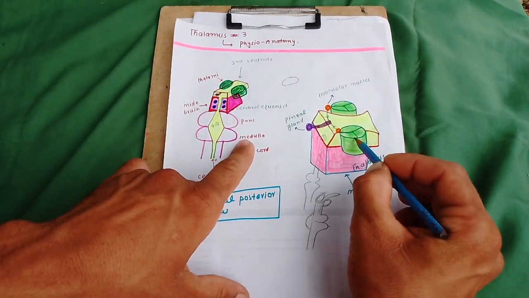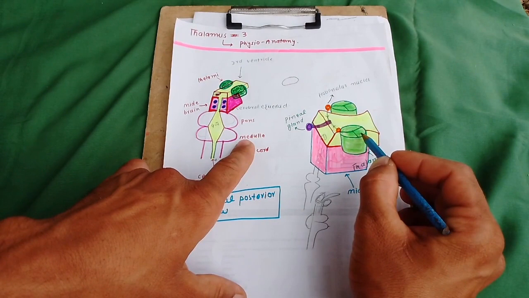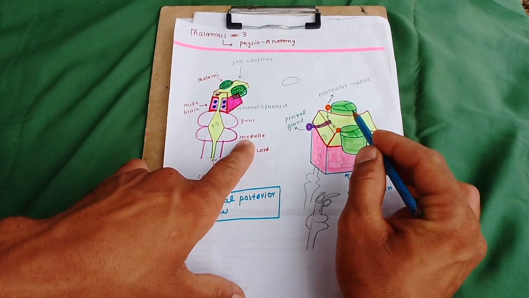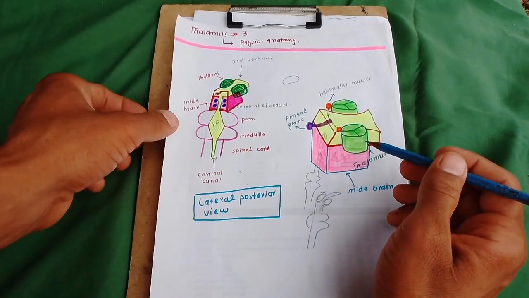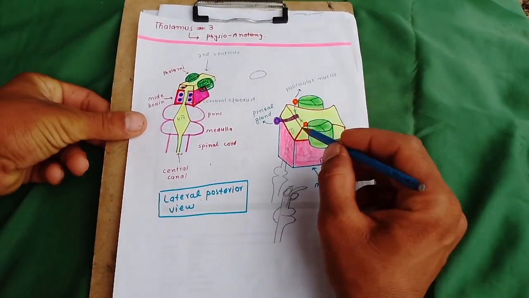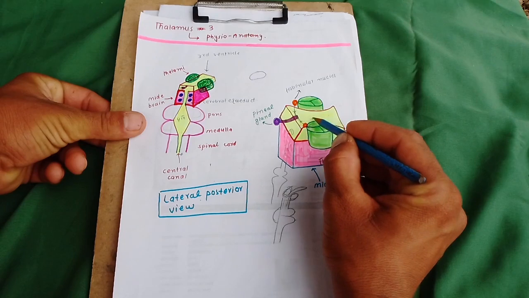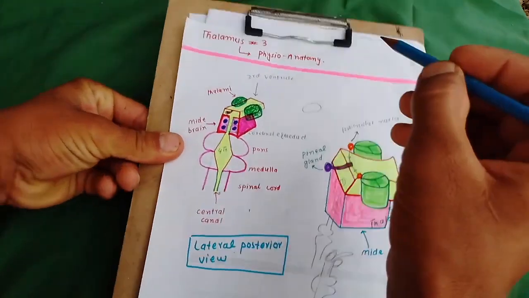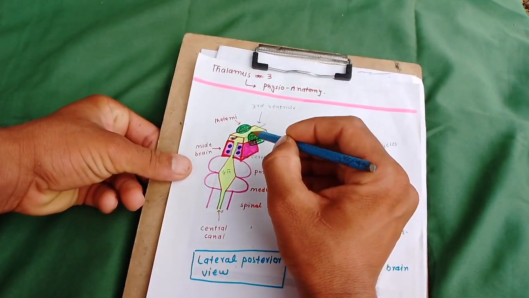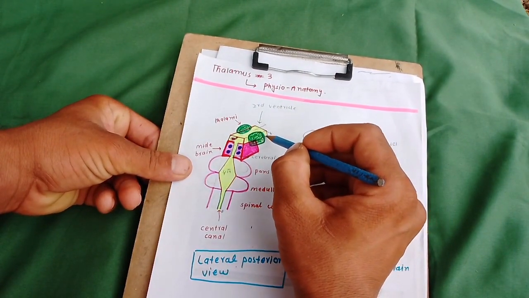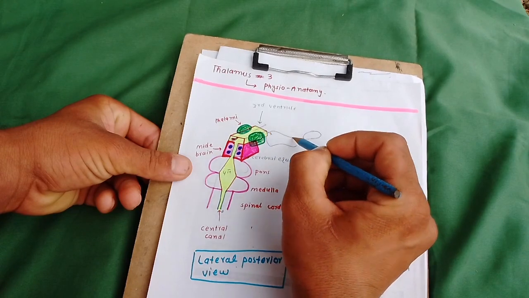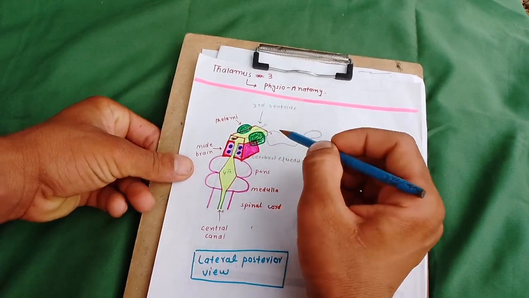This is one thalamus, suppose this is the right thalamus, and this is the left thalamus. So this is the third ventricle, and when we move from this third ventricle forward and downward, there comes another structure which is called the hypothalamus.